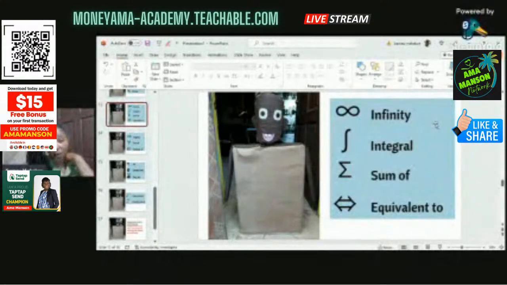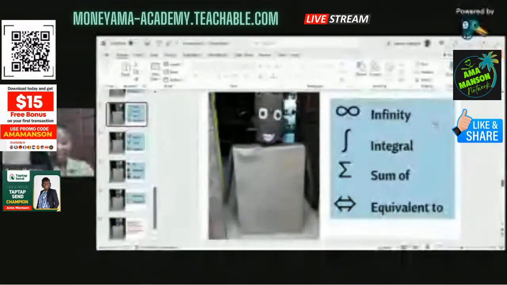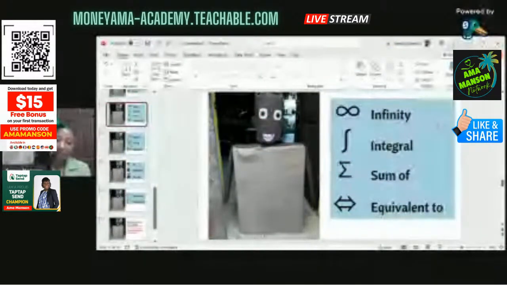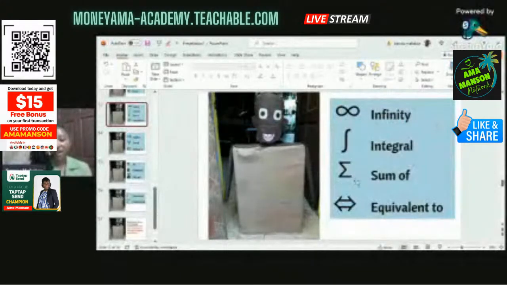So this is for when you've mastered the basics and you're going up there now into the more advanced levels of mathematics. The summation symbol indicates that we're finding the sum of a set of numbers in a series.